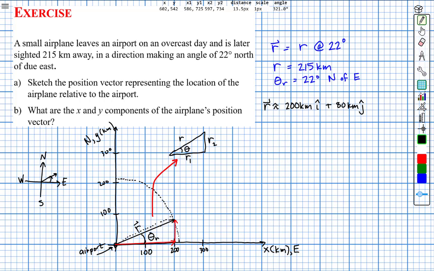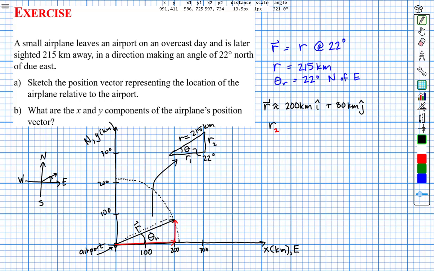So in this right triangle, let me just add the 215 kilometers right there, and let me add the 22 degrees right here. So with right triangles, you know trigonometry. Now, as a reminder of our trig, we know that a side that is opposite to an angle can be found by using the trigonometric function sine.